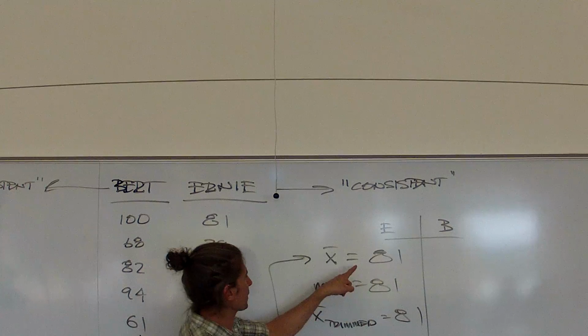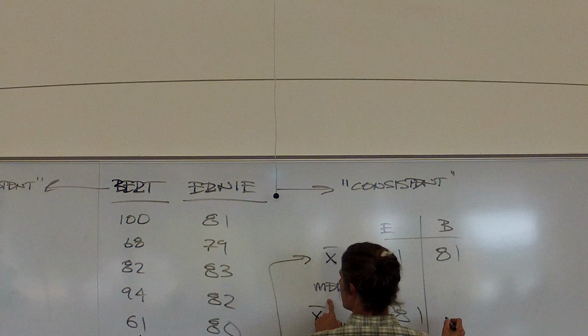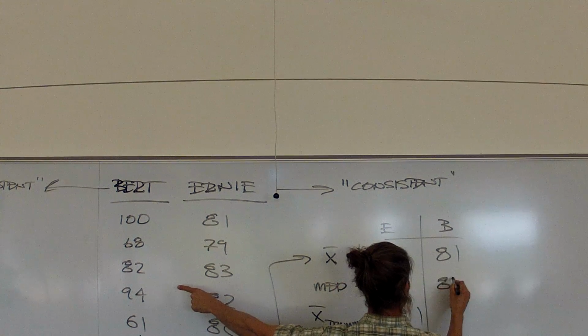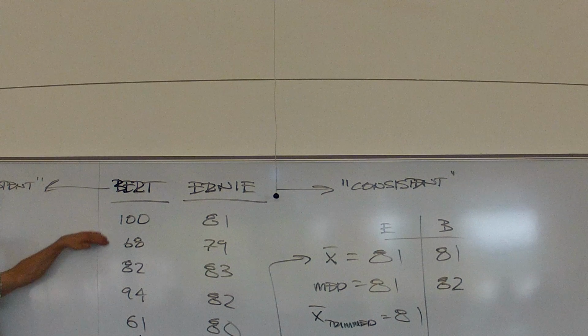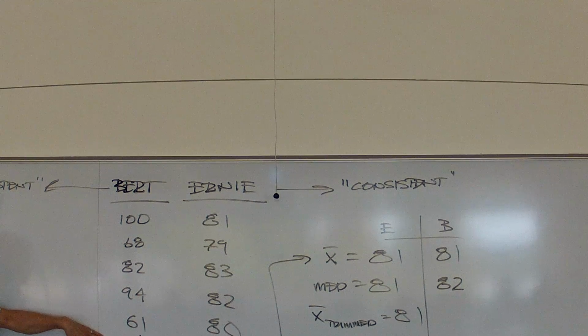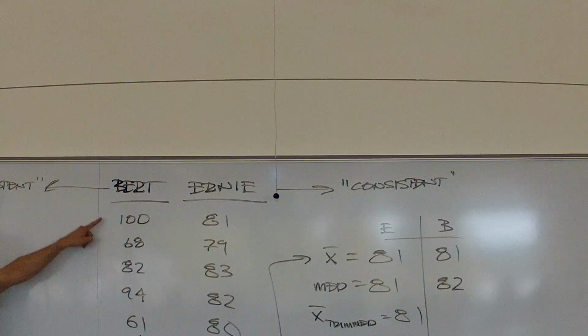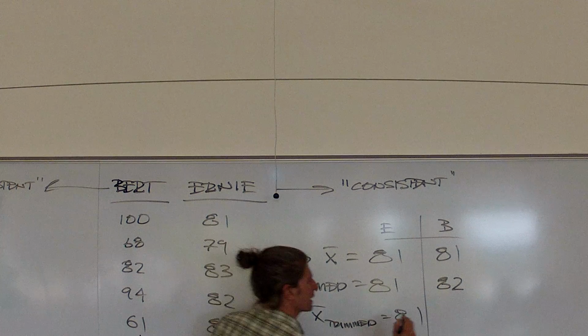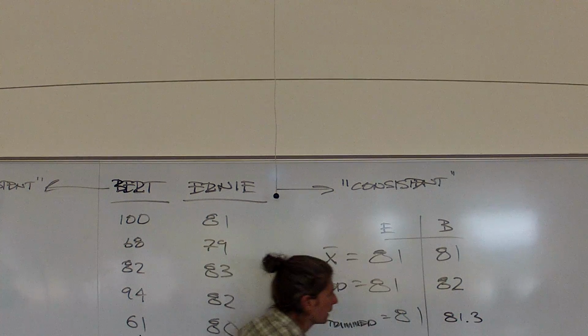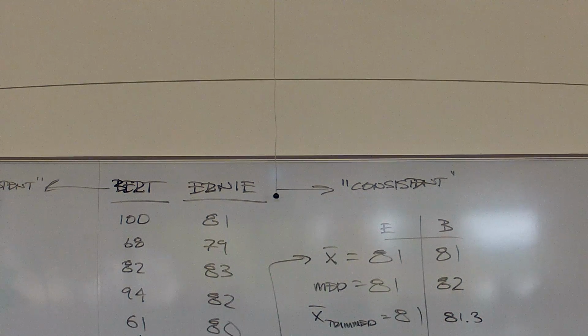I think his median is 82. Remember, the median is the middle score when arranged in order. It just so happens 82 is in the middle of these 5 numbers, but you'd have to go 61, 68, 82, 94, 100. And his trimmed mean was a little bit off, 81.3, if I remember correctly from the last class.